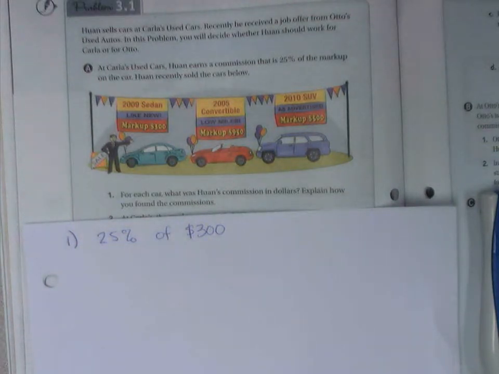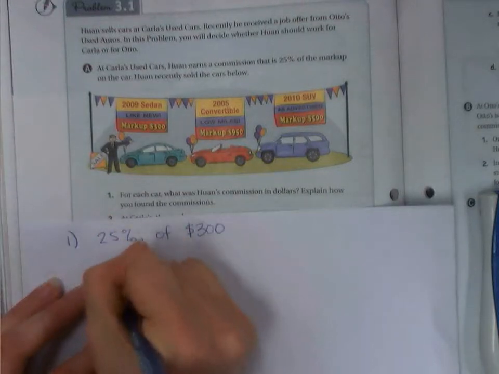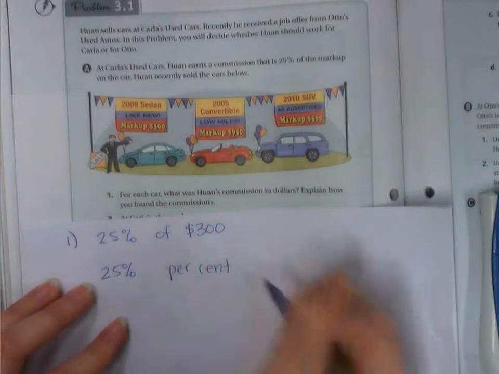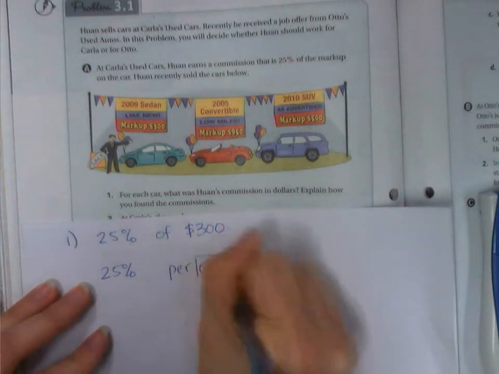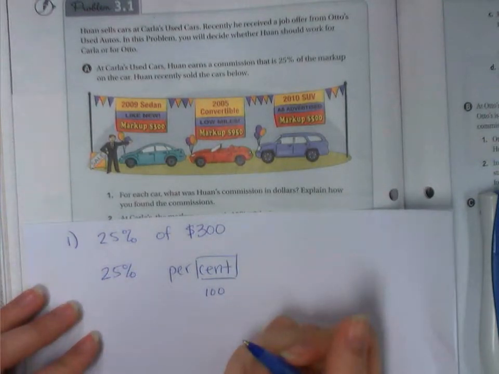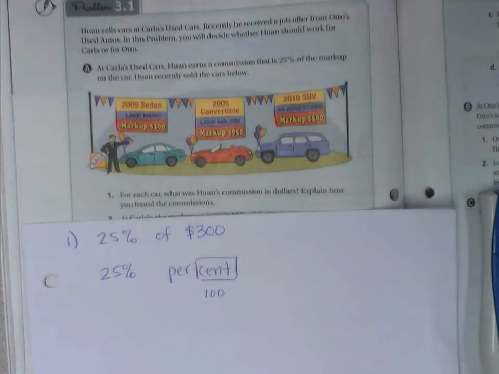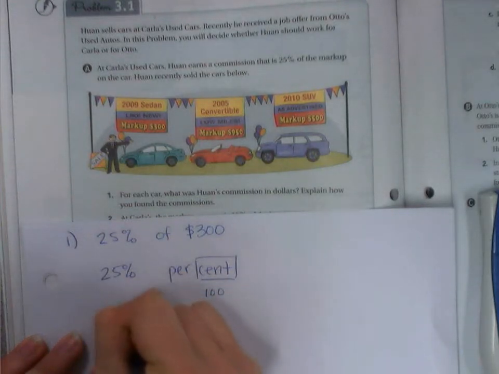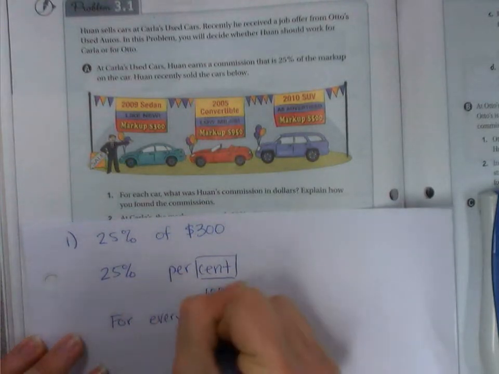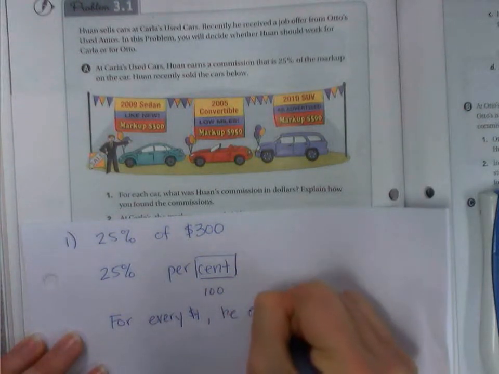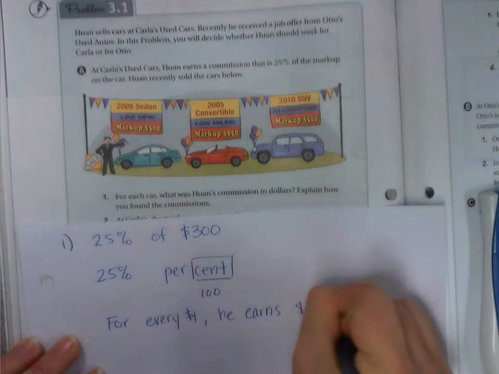So some students have been thinking about 25% as 25 out of 100 cents. So that means for every dollar he would earn a quarter. So for every dollar he earns 25 cents.